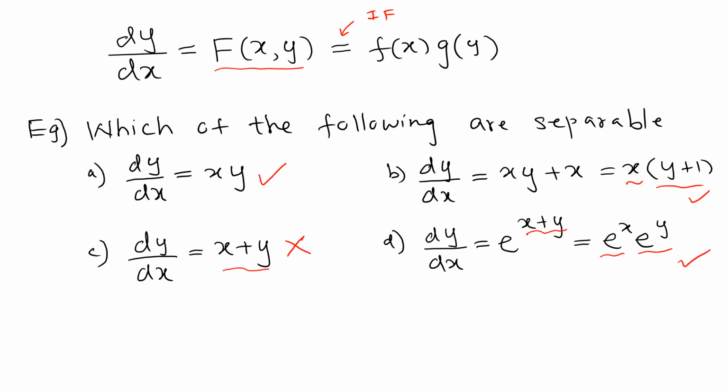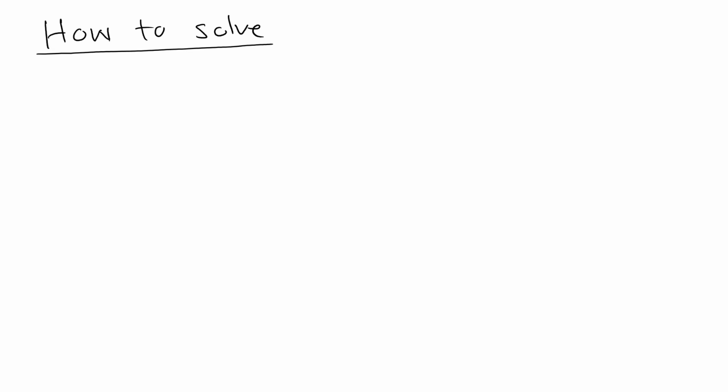Okay, now let's talk about how to actually solve this equation. We have dy over dx equal f(x) times g(y). What we can do, as the title says, is separate the two variables to two sides. How do we do it?